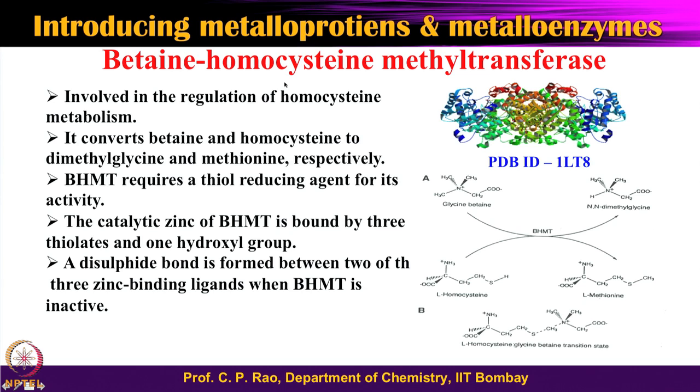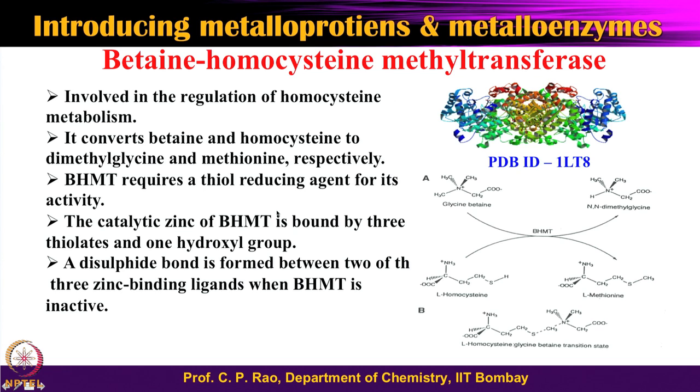You can see the structure of the enzyme over there. In this enzyme, the catalytic zinc is bound by 3 thiolates and a hydroxyl group, and there is a rapid rearrangement of the enzyme during the reaction.